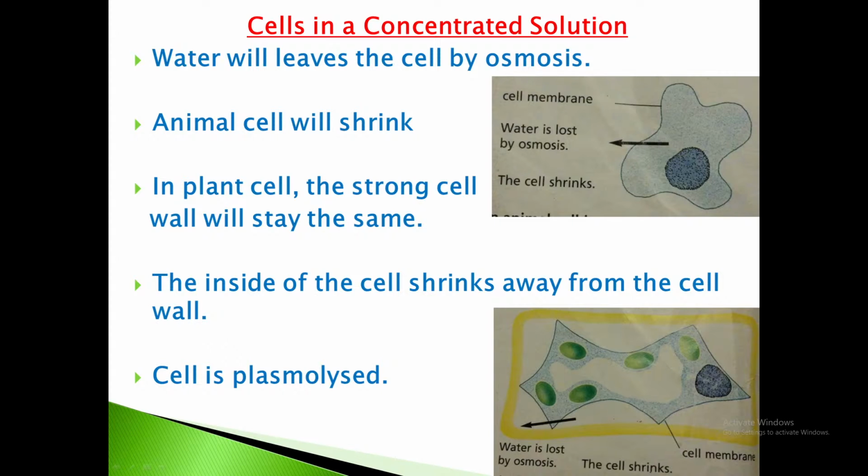Once the cell is placed in a concentrated solution, water will leave the cell by osmosis. Animal cells will shrink. So if water is leaving the cells in a human being, for example, then the cells are going to shrink.